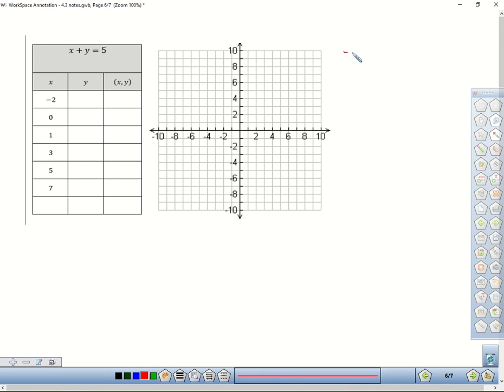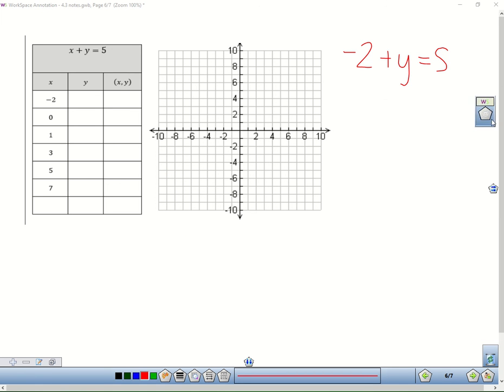So that's going to be -2 plus y is equal to 5. Everybody see what I did? I plugged in -2 for x. And then how do I solve for y here? Add 2, so y equals 7. So 7 goes here. The ordered pair is -2, 7.